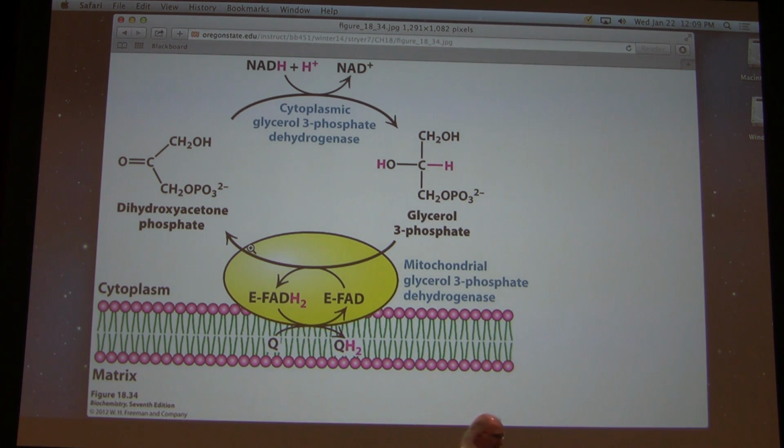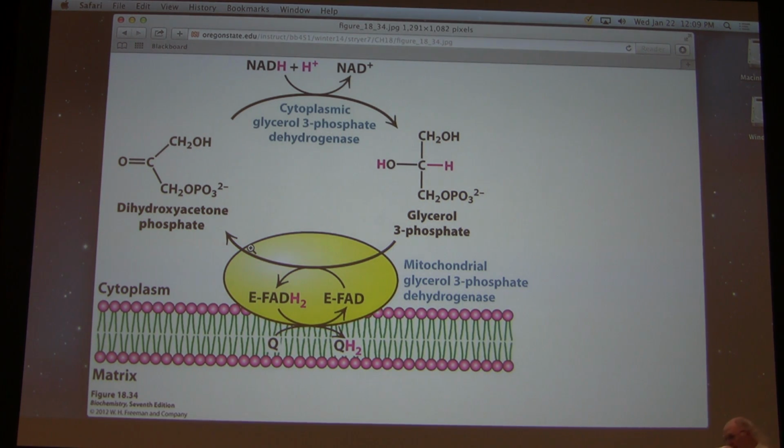That's a total of 3 ATPs for electrons that enter at complex 1. If something doesn't enter at complex 1, but instead enters at complex 2, by coming in through FADH2, we're only going to get 2 ATPs. So this is a rapid system, but it's inefficient. It doesn't pump as many protons as if the electrons had come in through complex 1.